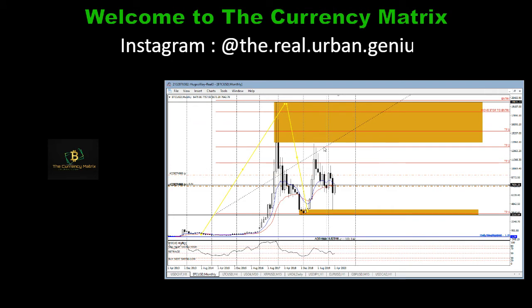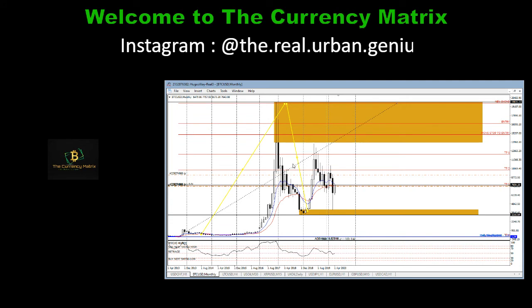I actually adjusted my Fibonacci a while ago, and I took that level off. But just for these training purposes, I'm actually going to put that level back on there.